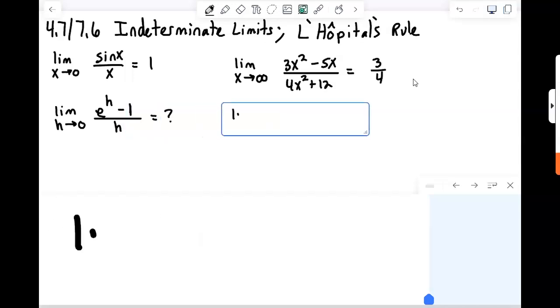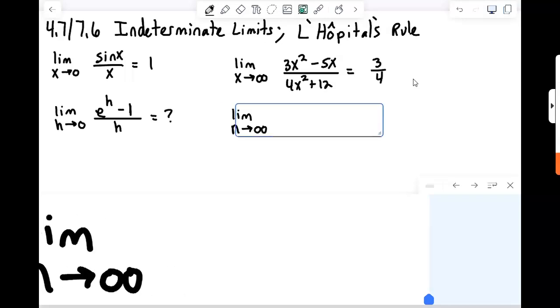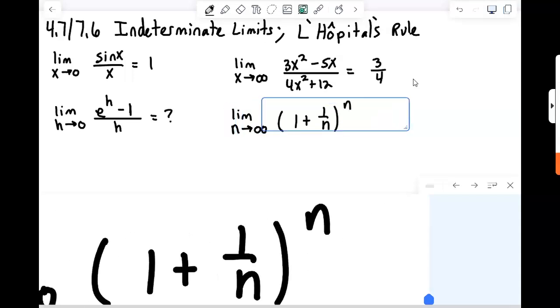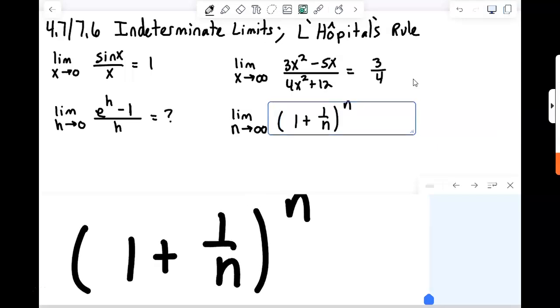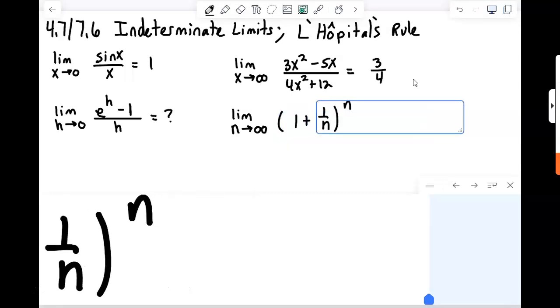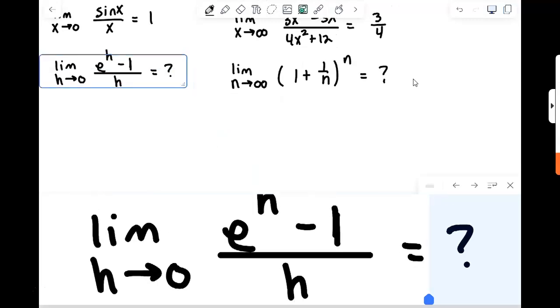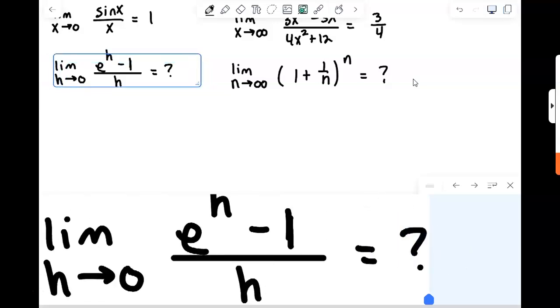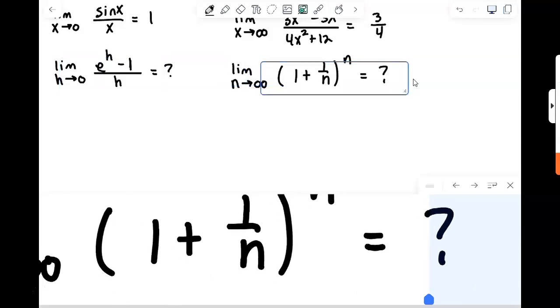And then another one that we currently cannot talk about: the limit as n goes to infinity of (1 + 1/n)^n. This is actually a 1 to the infinity. Now you know that 1 to any other power is 1, but 1 to the infinity is the thing we can't talk about. Like I said, you might have looked at something like this numerically and come up with an answer. We're going to come back later and be able to approach these two questions.